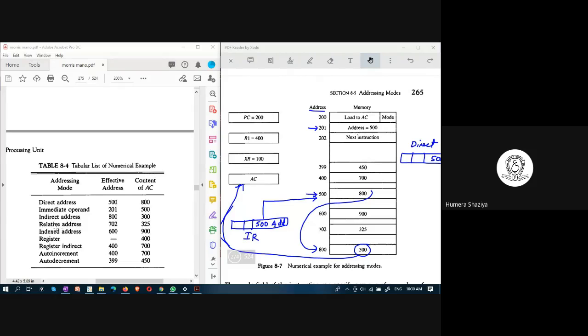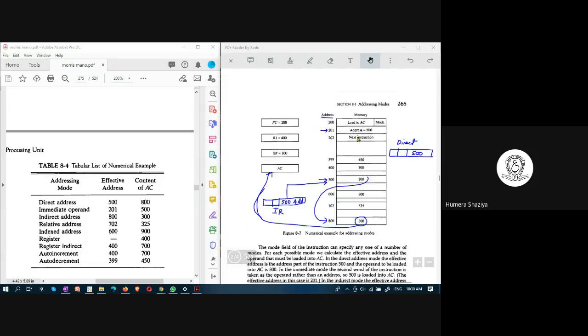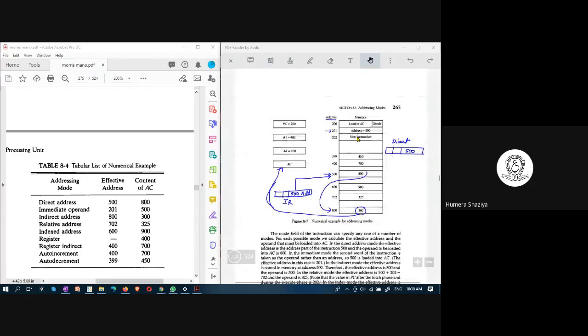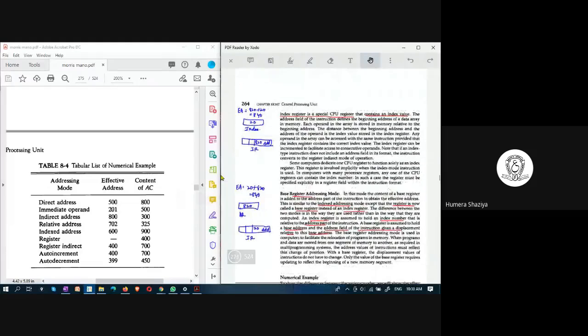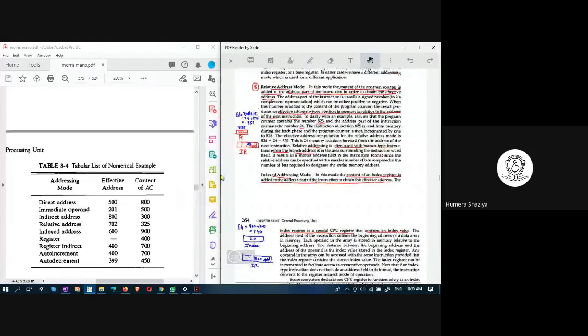What happens in relative address? Contents of PC is incremented and added to the content of the address part. Okay, I think I have not incremented earlier. Here PC is having a value 24, so it is made 25.